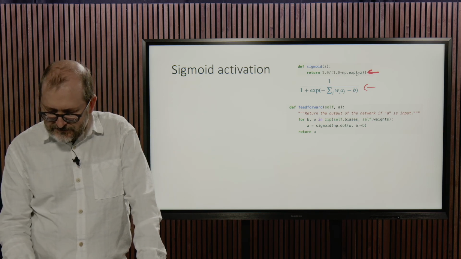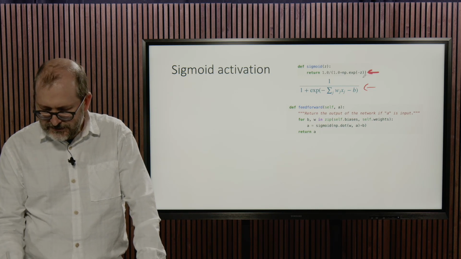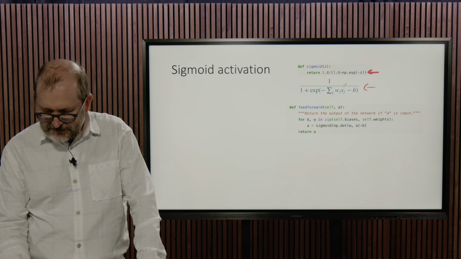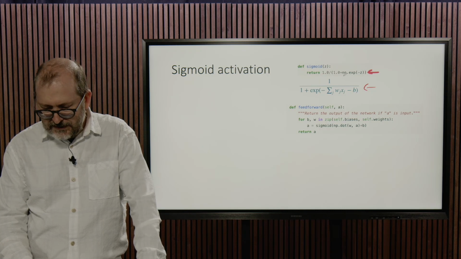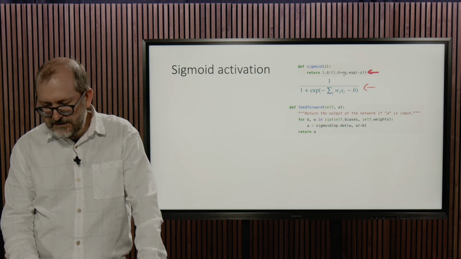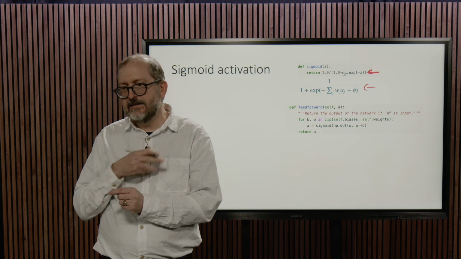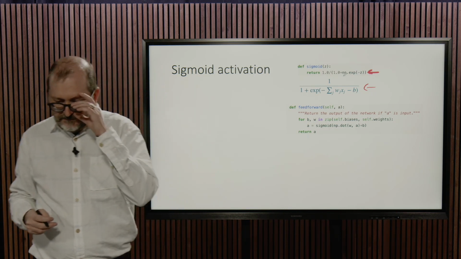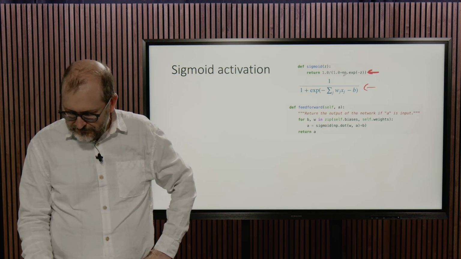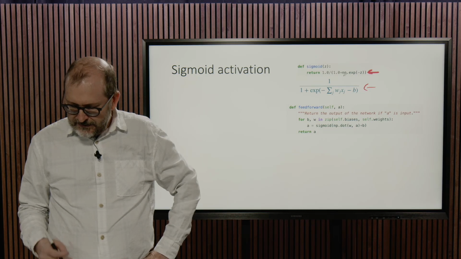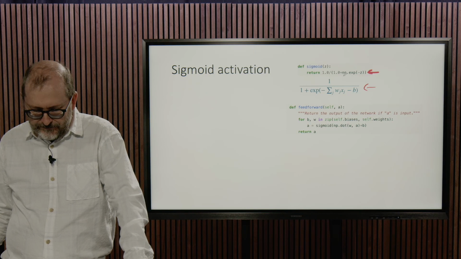It's got the sum in there implicit in the fact that the input is an array. So basically, all you need to know is that this takes an array of inputs, x1, x2, x3, and so on, and weights and biases, and then puts out one number. Because remember, the neuron takes in lots of inputs but fires only one output. And here's a feed forward function that takes in the inputs from one layer and produces the outputs that go into the next layer.